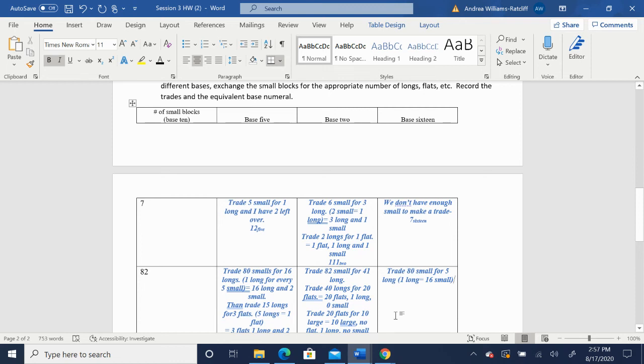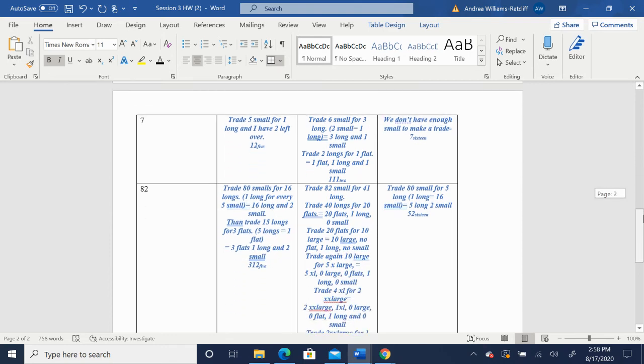So at this point, we have 5 long and we have 2 small. I can't do any more trading because I have to get up to 16. I don't have any of those. So the numeral I'm looking for is 5-2 in base 16 here. So it's a lot of trading.